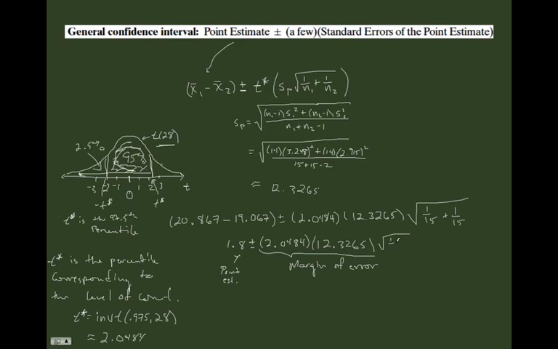Don't want to forget that. So when I do this calculation, I get a lower limit of negative 7.41 and an upper limit of 11.02.